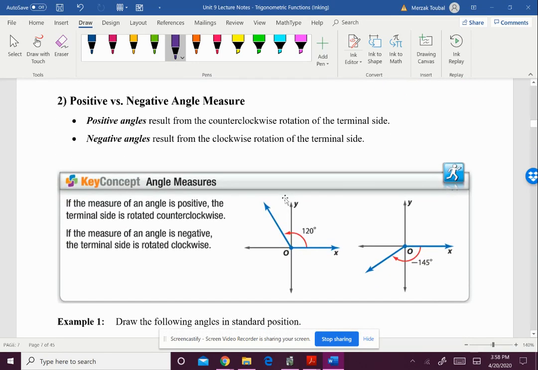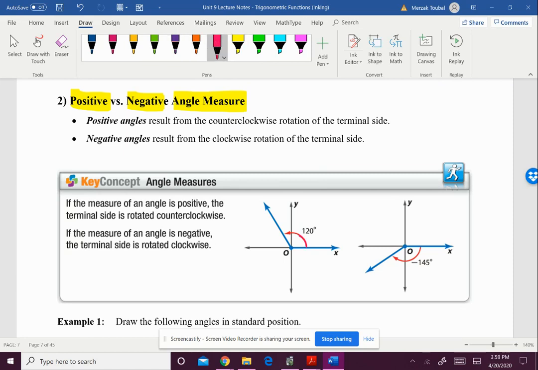Now, second thing is some angle measures are positive and some angle measures are negative. So positive versus negative angle measure. Now, we say that an angle, its measure is positive if the terminal side is rotated counterclockwise.